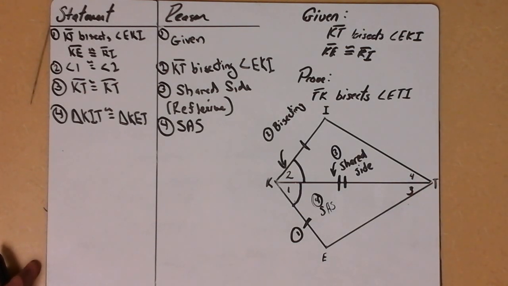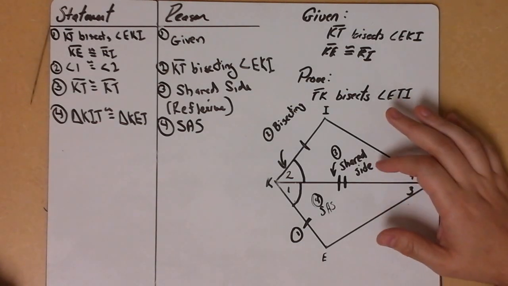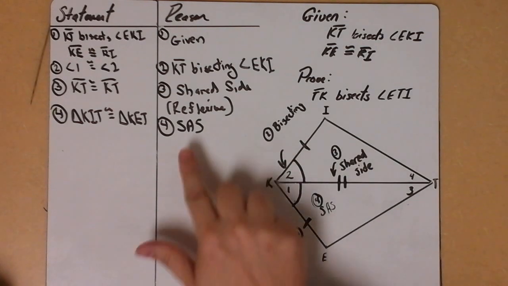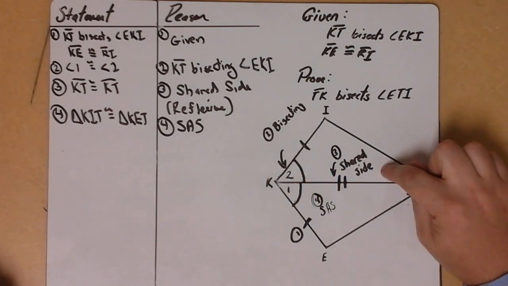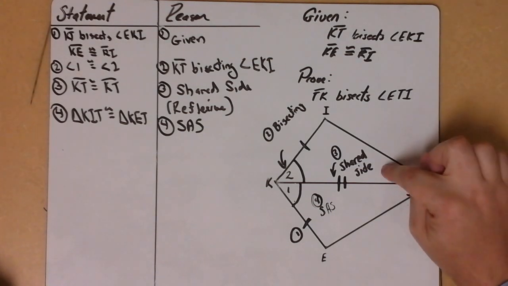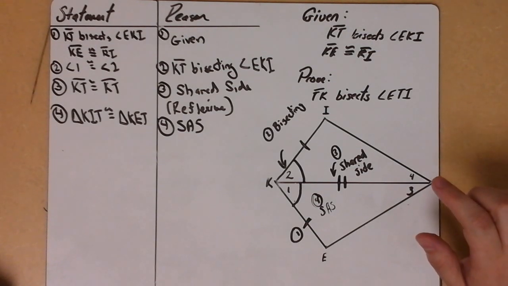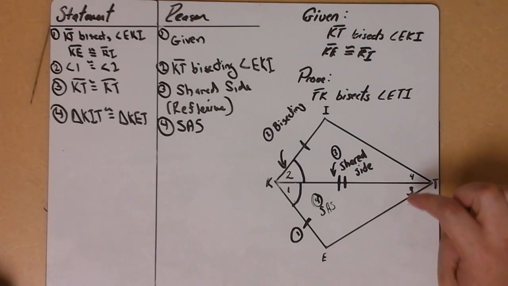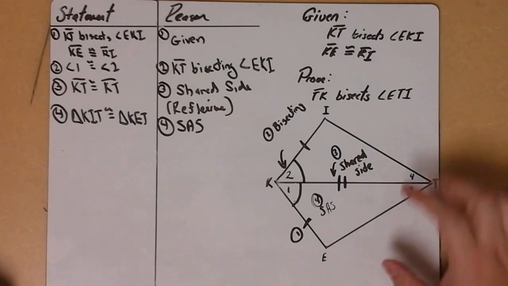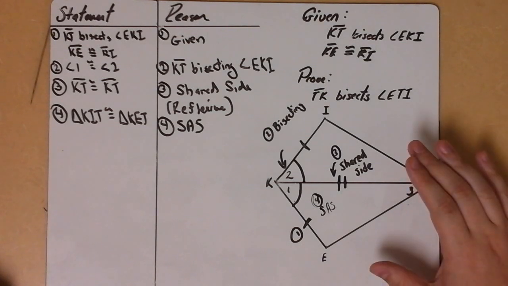Well, check this out, and this is the part where you have to follow along pretty carefully. I just proved, using side, angle, side as a statement, that this triangle and this triangle are the same. As a result of that, every part in this triangle is congruent to every part in this triangle. So I can now make the claim that angle 3 and angle 4 are congruent because both triangles are congruent.